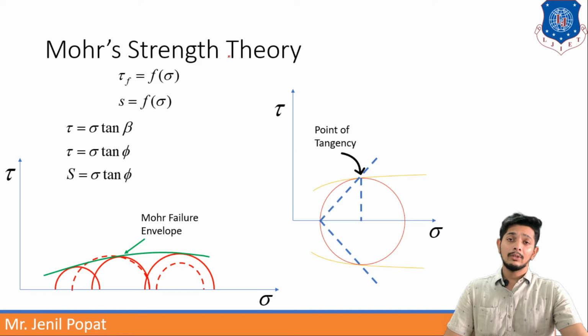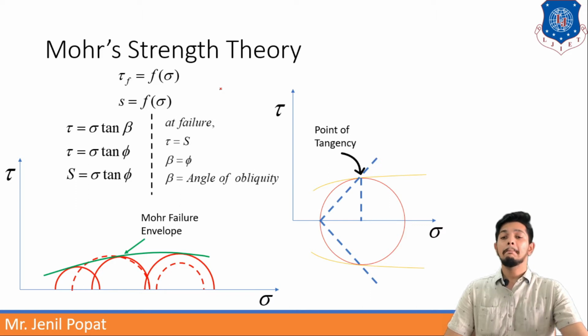Now we can also write tau is equal to sigma into tan beta, because here the shear stress will be sigma into tan of beta. Beta is the angle of the resultant, as in the previous video where we saw in the Mohr circle that beta was the angle with the resultant. At the time of failure, tau will be maximum, or we can say the shear strength of soil.